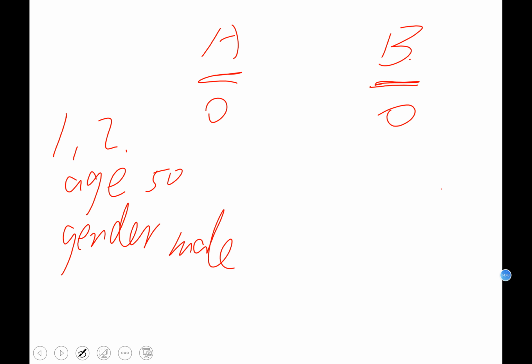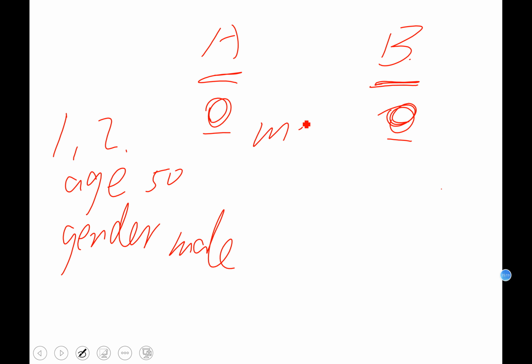We find that these two numbers, A and B, have a special relationship because they have the same age and the same gender. We can say that these two patients are matched in age and gender. So we also call it matched samples or paired samples.